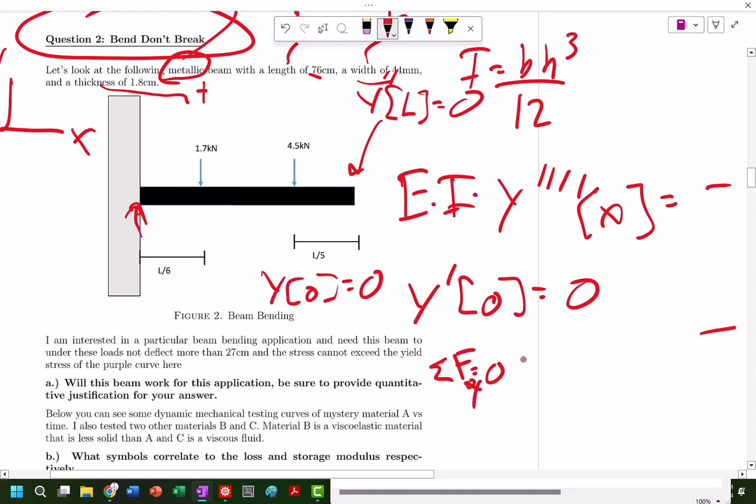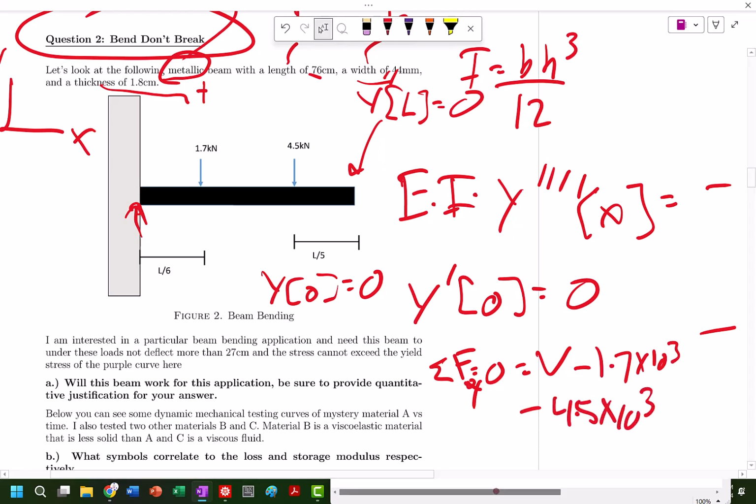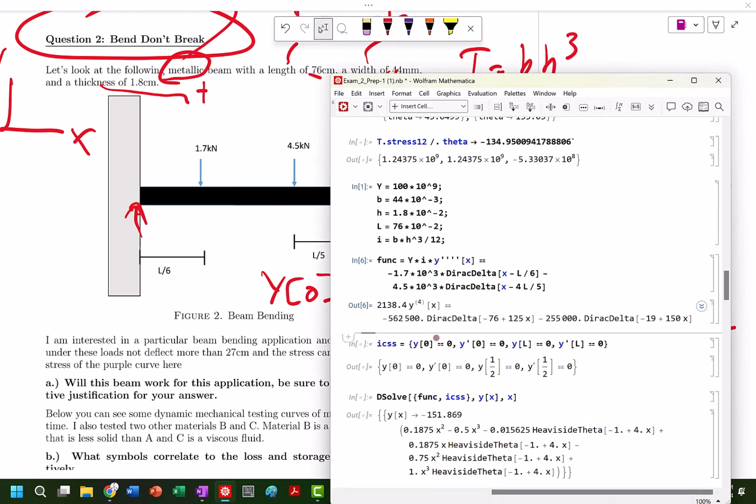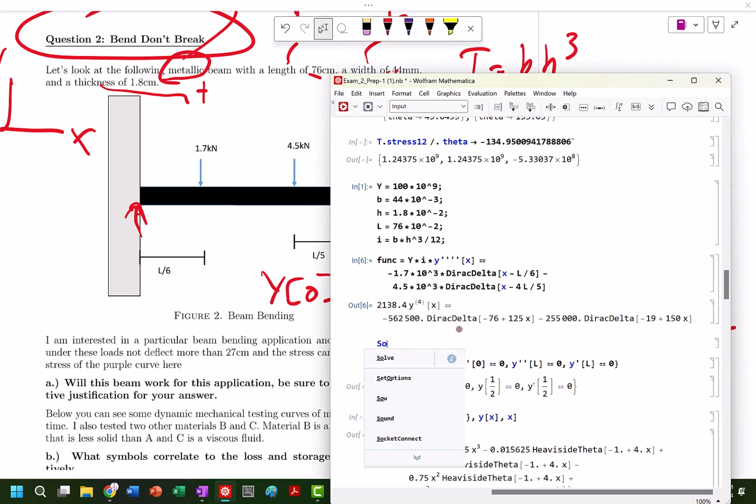I'm going to call this just V minus 1.7 times 10 to the 3 minus 4.5 times 10 to the 3, and I'm going to solve for V. And basically my V is going to be equal to E times I times Y triple prime at 0 as well. So let's go ahead and plug those in. Y of 0, Y prime, Y double prime at L, and I'm going to solve.